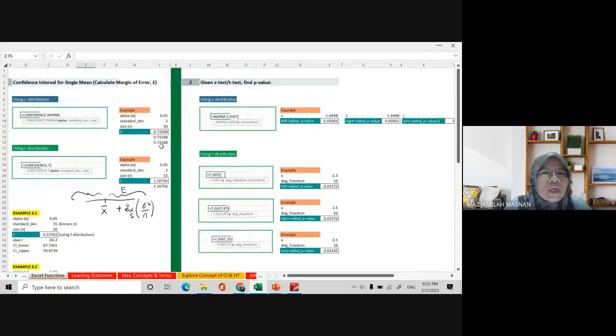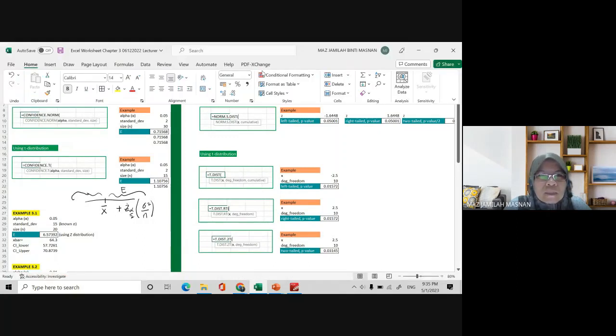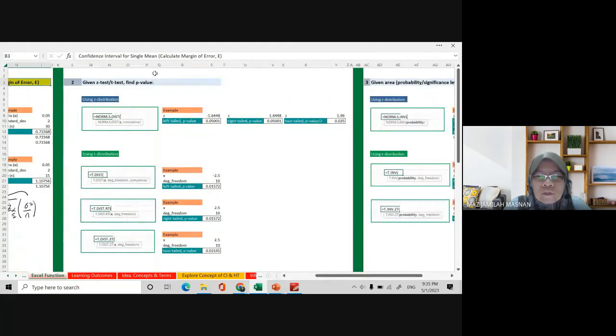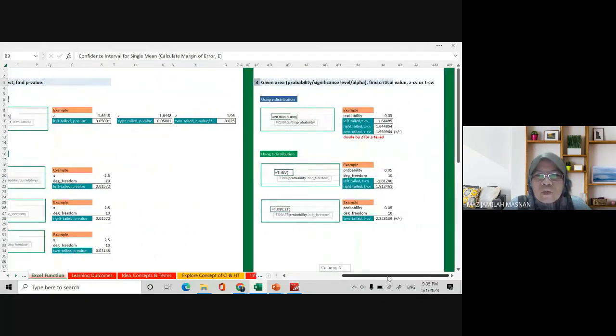So now you already know how to use this function for the first column. I put it in yellow, and we haven't gone through this number 2. We have gone through how to use this formula to find the Z alpha over 2 for 2 tail.